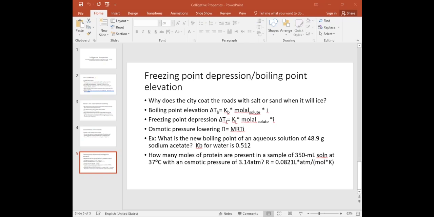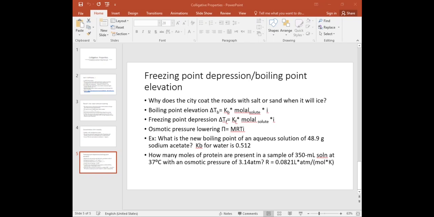Okay, so we have 48.9 grams of that compound, and we have the boiling point constant for water, 0.512. We're missing a little information, aren't we? How do I know that? Let's look back at our equation.